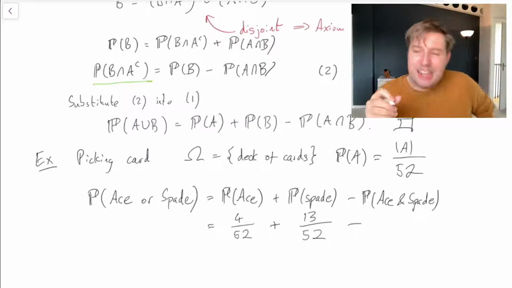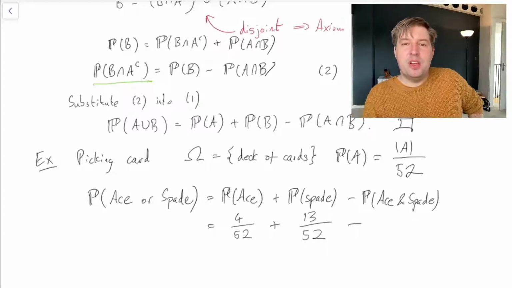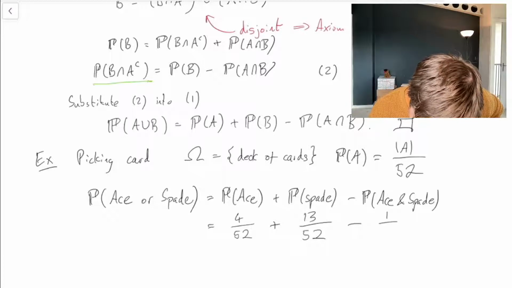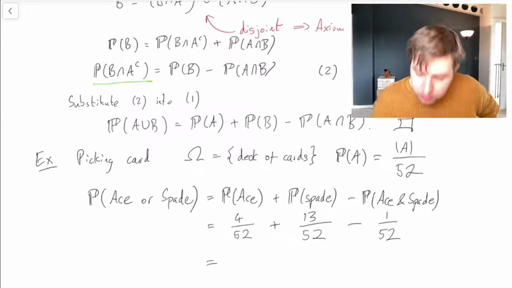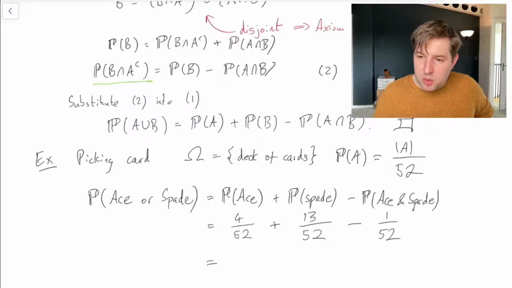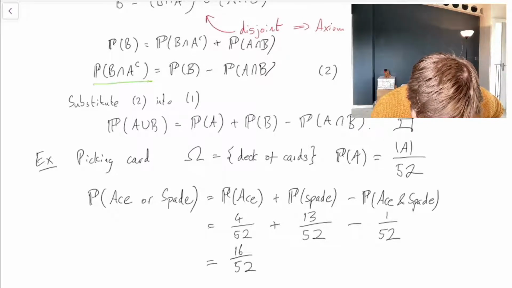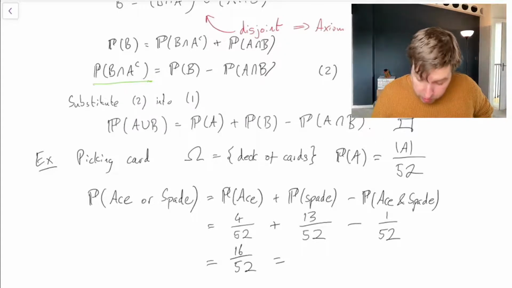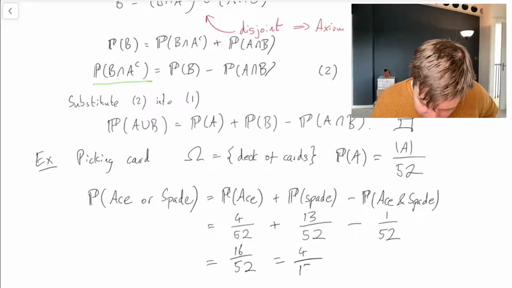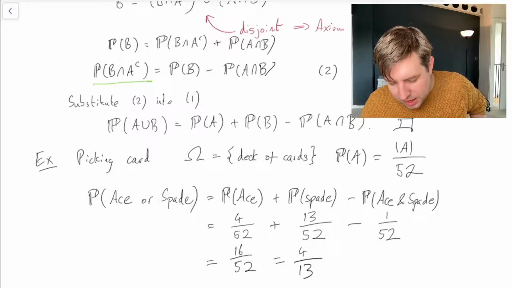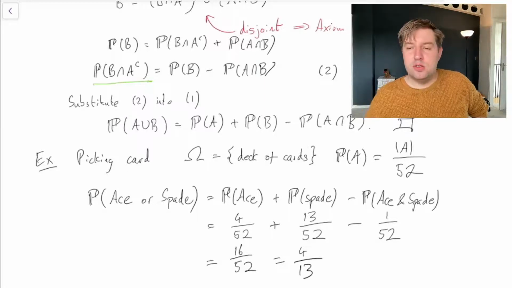The probability of an ace and a spade, well, there's only one card that is an ace and a spade. That's the ace of spades, and there's just one of those in the pack of cards. So that's 1 over 52. So 4 plus 13 is 17, take away 1 is 16, so that's 16 over 52. 4 goes into both of those, doesn't it? So we could write that more easily as 4/13. So the probability of getting an ace or a spade is 4/13.